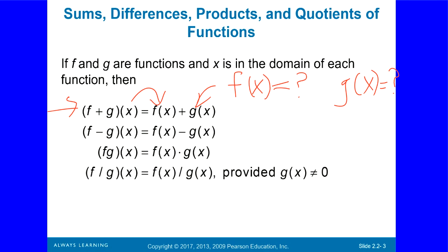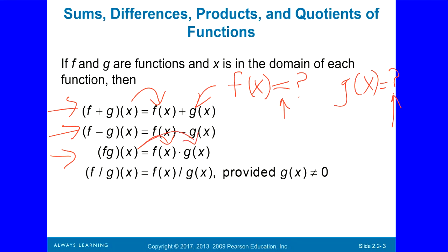And then if I wanted to subtract, like f minus g of x, I would just take everything after the equal sign and subtract that. And when I have f times g of x, we rewrite it as f of x times g of x.